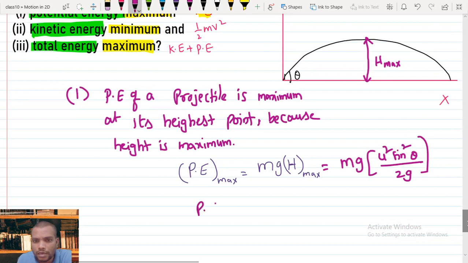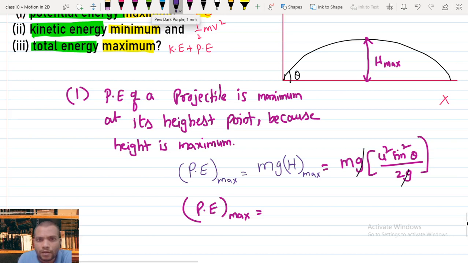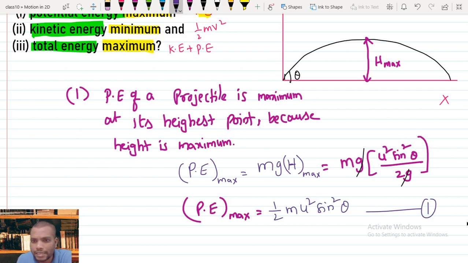Now potential energy maximum equals, let's eliminate the terms that go away. We end up with half, 1 by 2, m u square sin square theta. So this is the expression I got for the maximum potential energy.